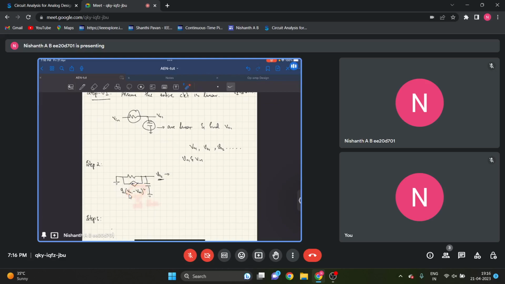This is because VO1 and Vin are known, so this is a constant current source, and the solution to the circuit comes from a linear differential equation.